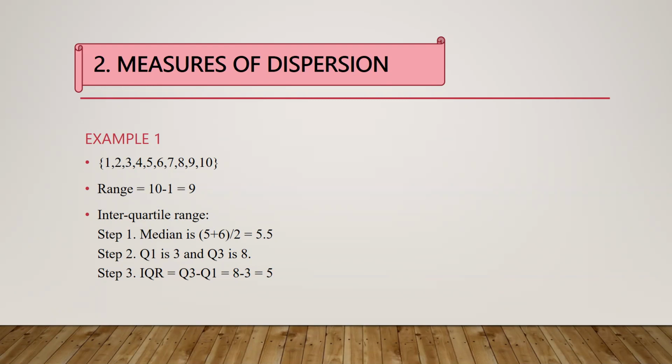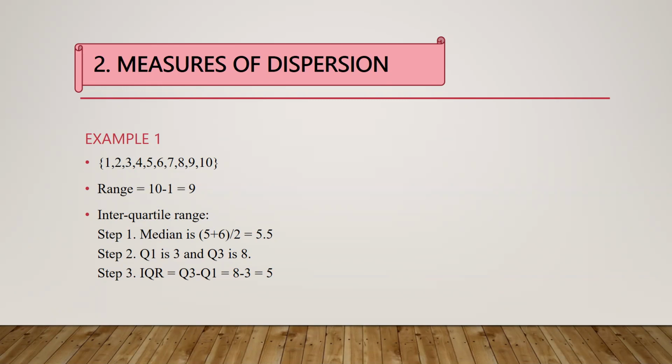After we get the median, then we can think about dividing the data set into 2 halves, which is the lower half and the upper half, below and above 5.5. First, at the left-hand side of 5.5, we have 1, 2, 3, 4, 5 data points. And the center of these 5 data points is 3, and therefore your first quartile is 3.